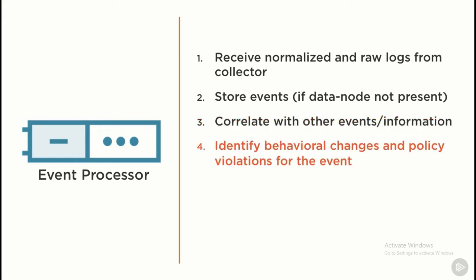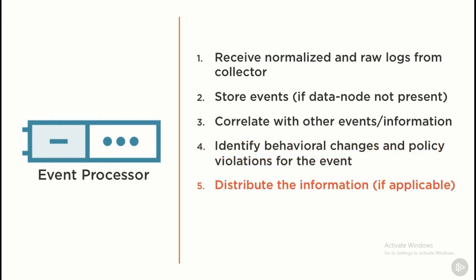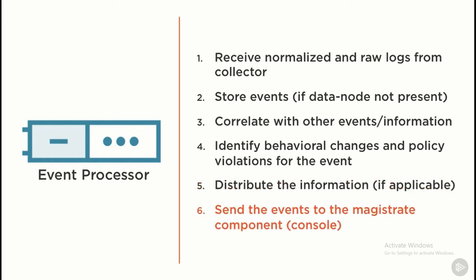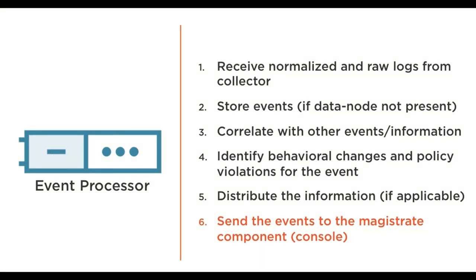The third step is correlating the event with other events or other security information. The processor identifies behavior changes and policy violations for the event. The processor distributes information to all components depending on the type of the event. And once that is done, it shares the processor data with the magistrate component.